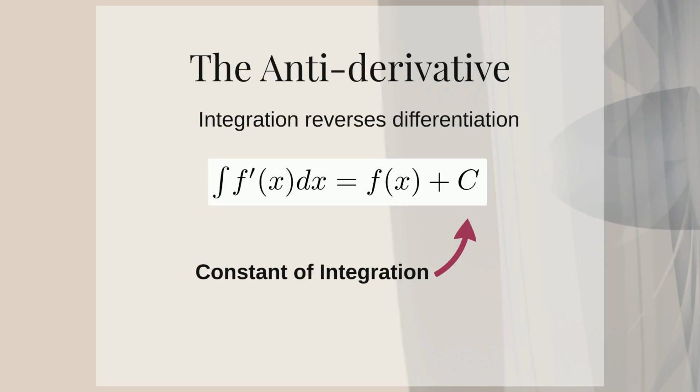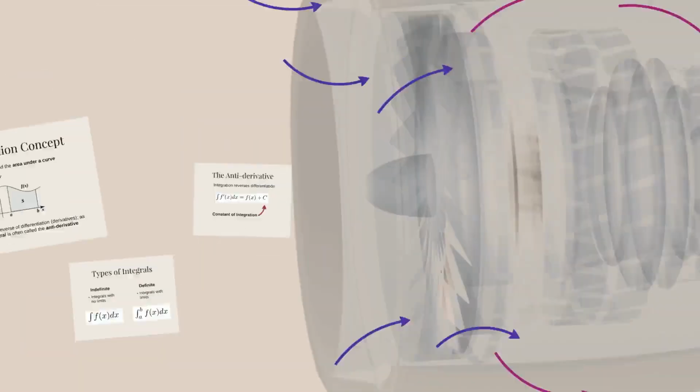All are going to have the same derivative. That's why when we take the integral and we're going in the reverse direction, we have to tack on this constant of integration, because we don't know whether or not there was a constant out there. So this is the integral in the context of the antiderivative.